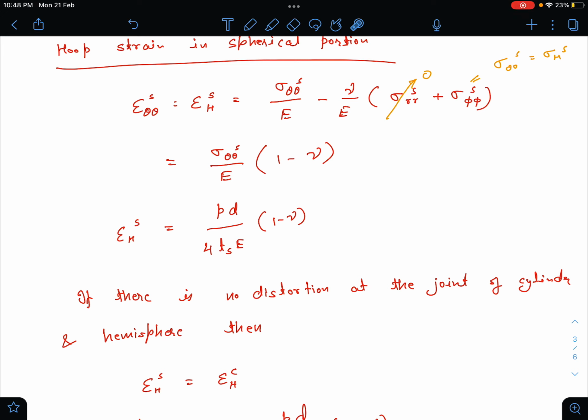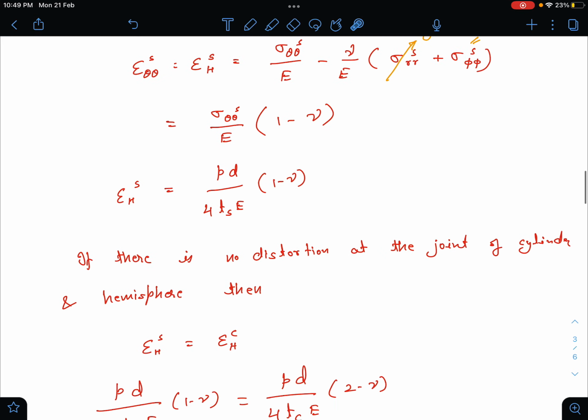If the hoop strain, or you can say the diametric strain or change in diameter, of the cylindrical portion and spherical portion are different, then there will be distortion at the joint of sphere and cylinder. To avoid such a situation, we have to equate the two strains, that is hoop strain in cylinder and hoop strain in sphere should be same.